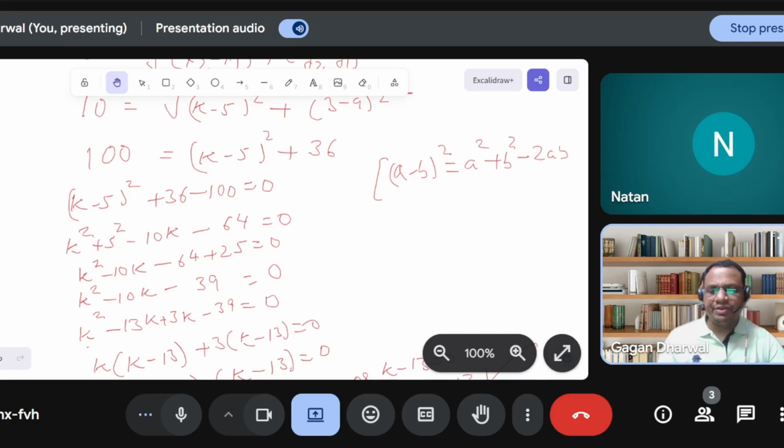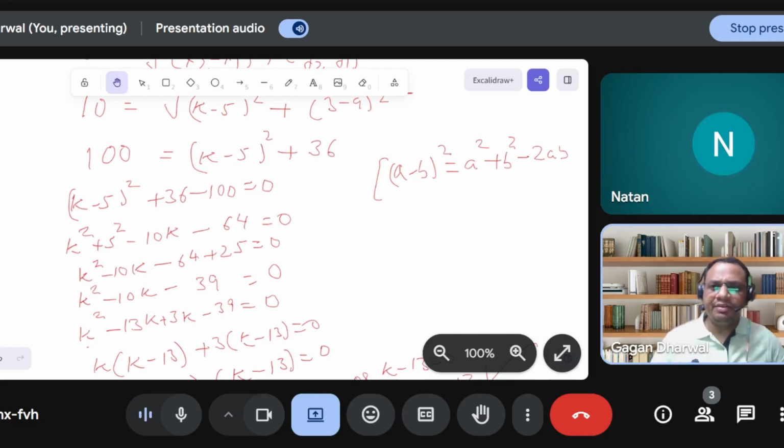In this case, we had been given the distance, so we equated it, put in the coordinates, and squared both sides so that we could get rid of the square root. Then it resulted in a quadratic equation and we solved it by splitting the middle term. And we got the values of k as 13 and −3. Both can be the x coordinates of the first point. Does that make sense, Nathan?